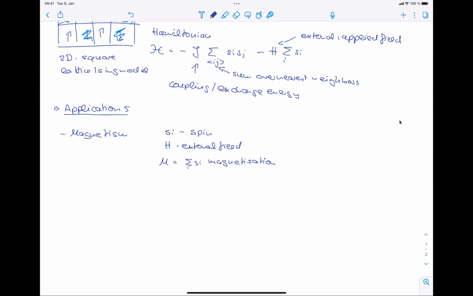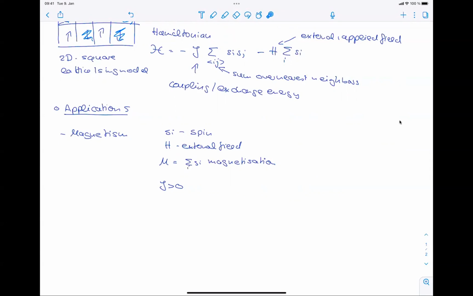So if my J is positive, that means that the Hamiltonian favors states where Si Sj gives rise to a positive number, because then we have two positive terms and there's a minus sign here. So if you minimize your energy, that would be by the product of two spins giving 1. That could be achieved by +1 times +1 is 1, or -1 times -1 is 1.